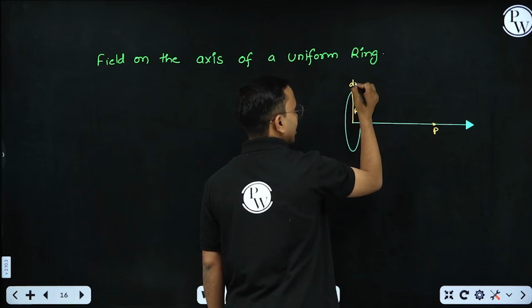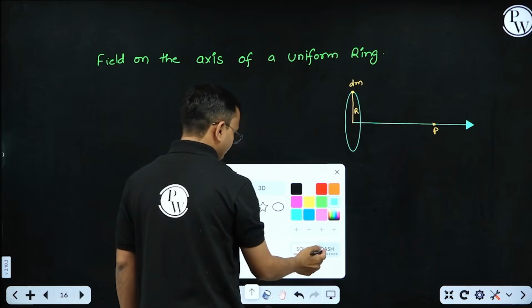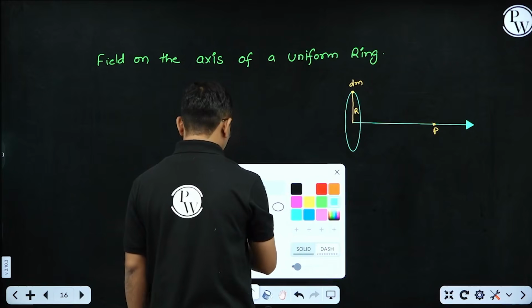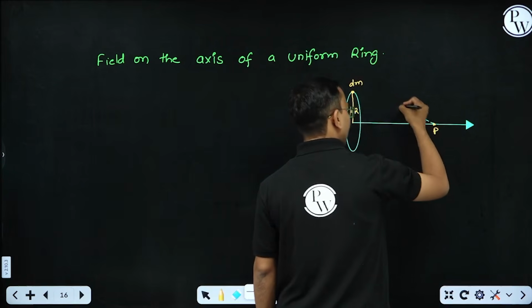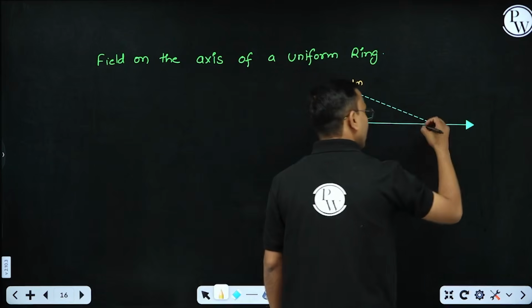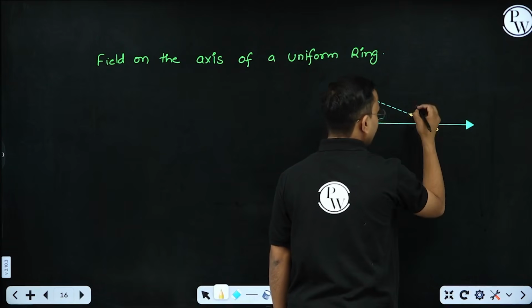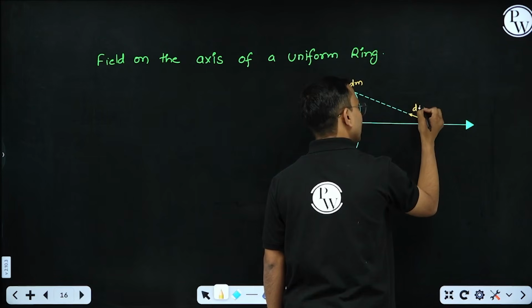Its mass is dm. Due to this small section, the gravitational field there will be along this line, and let us take this as my dE.